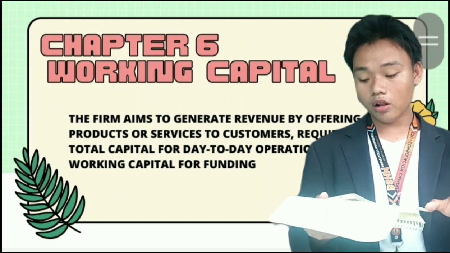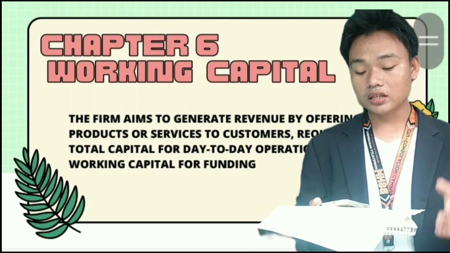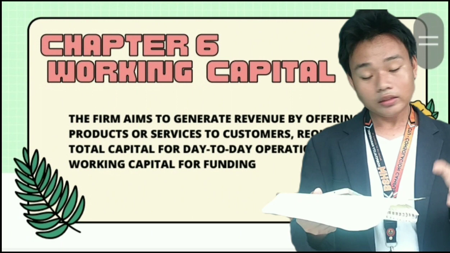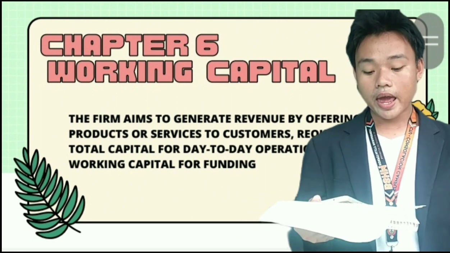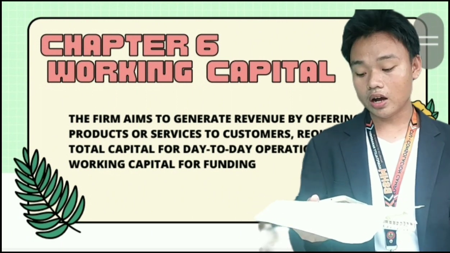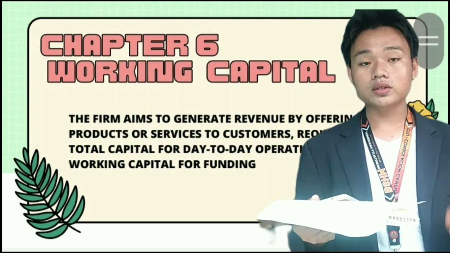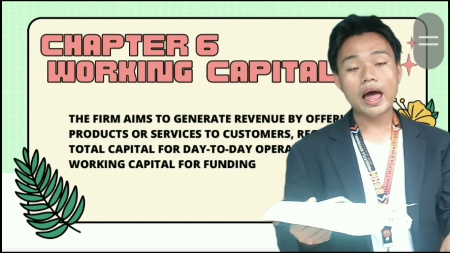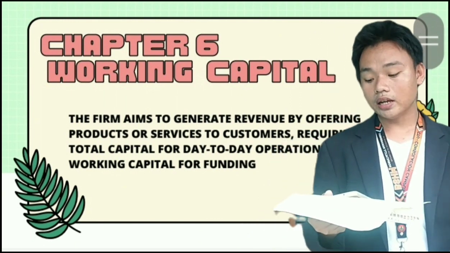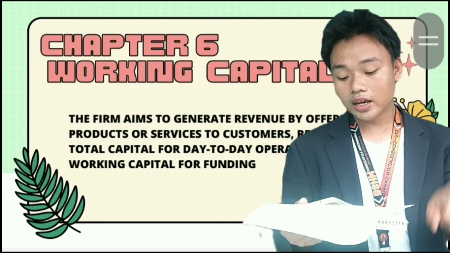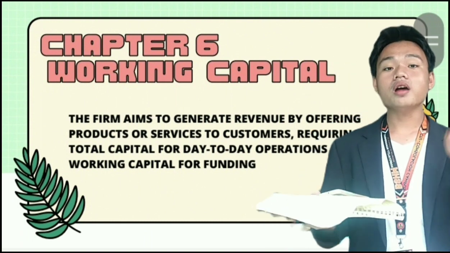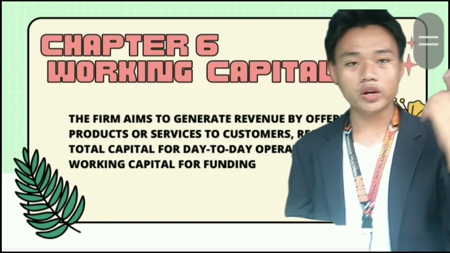For example, if a company has 100,000 in cash, and 50,000 in accounts receivable, and 30,000 in inventory, and 20,000 in accounts payable, and 10,000 in short-term loans, its working capital will be 150,000. So how does it work?